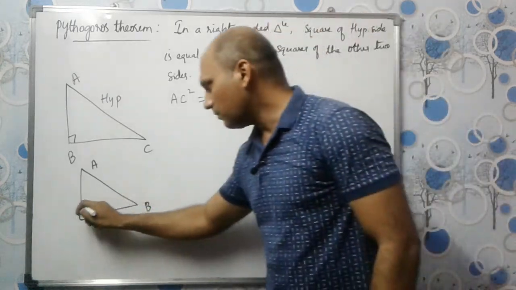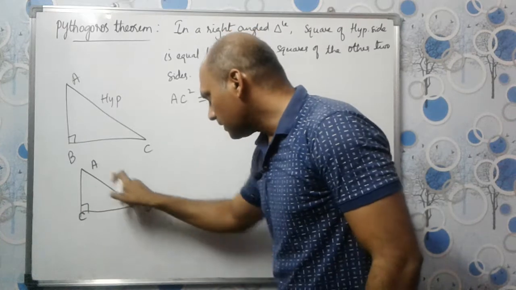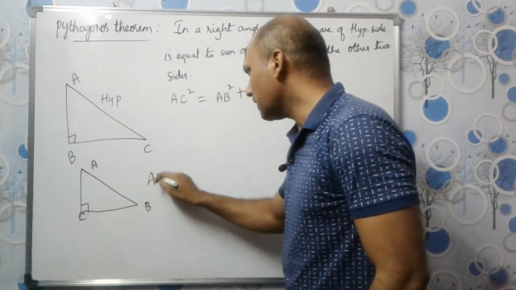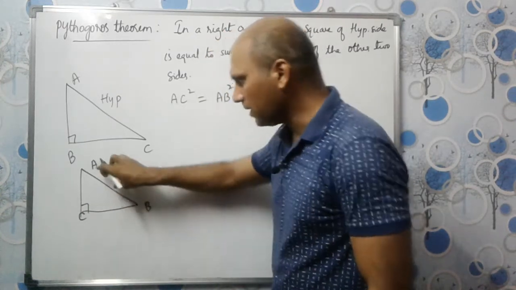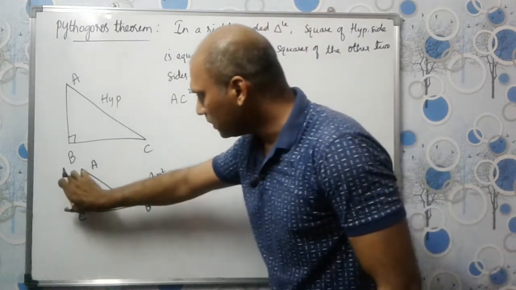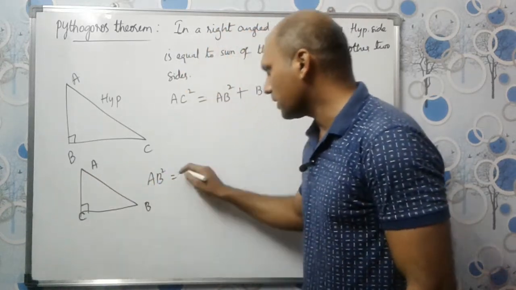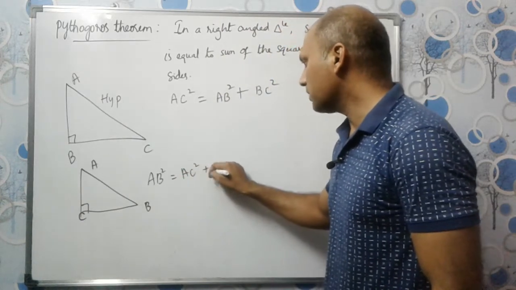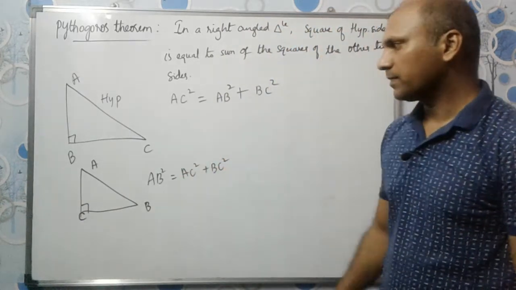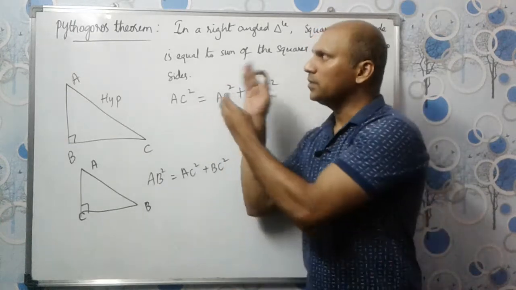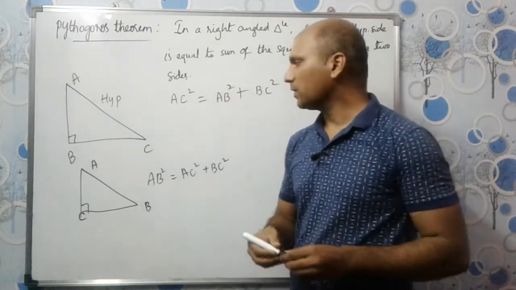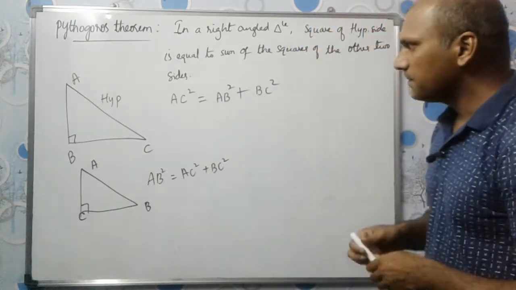No. For this triangle, AB is hypotenuse. So hypotenuse square will be equal to AC square plus BC square. So just be careful when you are applying Pythagoras theorem. Okay. I hope this is clear.